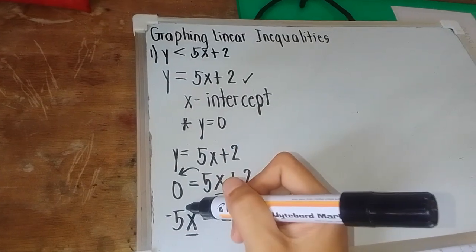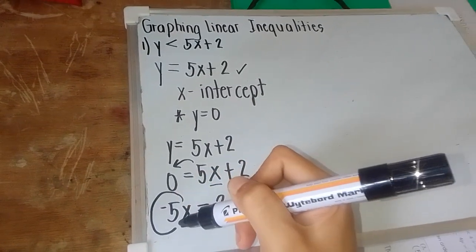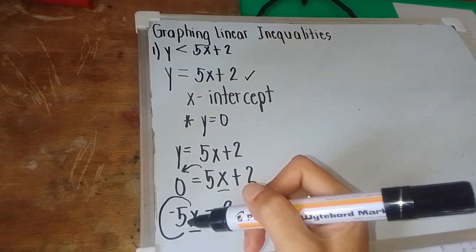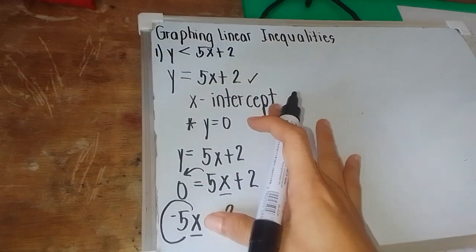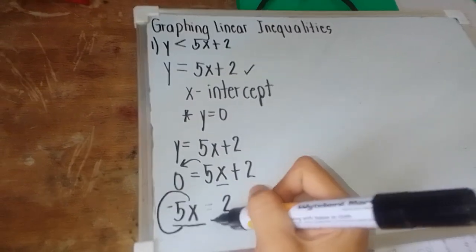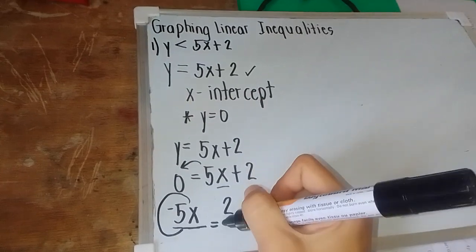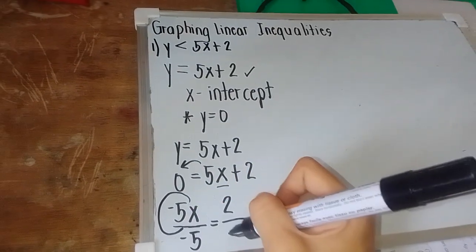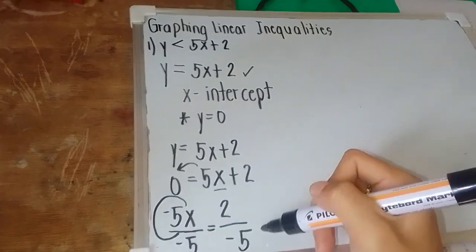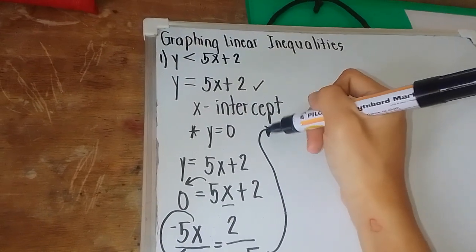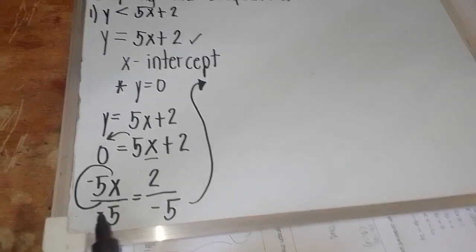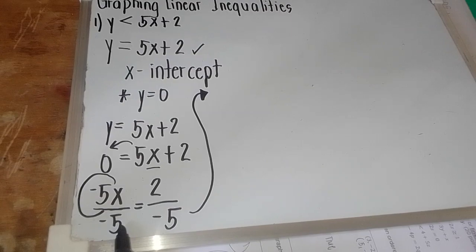Since the coefficient is negative 5, we will eliminate this coefficient by dividing both sides of the equation by negative 5, including the negative sign so that it cancels. So, continuing in this part, on the left side, negative 5 divided by negative 5 is positive 1.